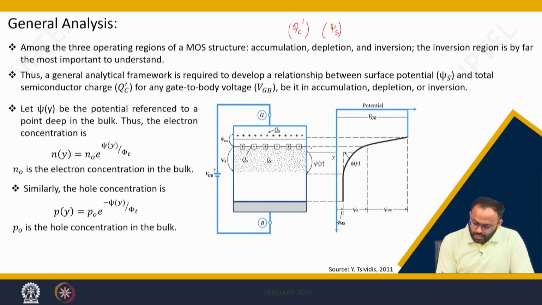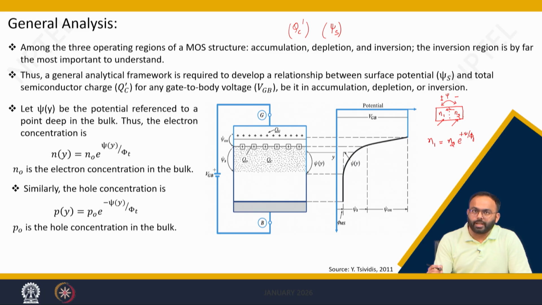What we said earlier, the junction law helps us to relate the doping concentration with the voltage present between them. Meaning, if you have two regions of different doping concentration N1 and N2, and there is a potential developed between them, plus, minus and psi, then I can write the equation N1 equals N2 exponential of plus psi by phi t, because the positive side of the potential will attract much more electrons from N2 to N1, and hence this becomes a positive exponential.